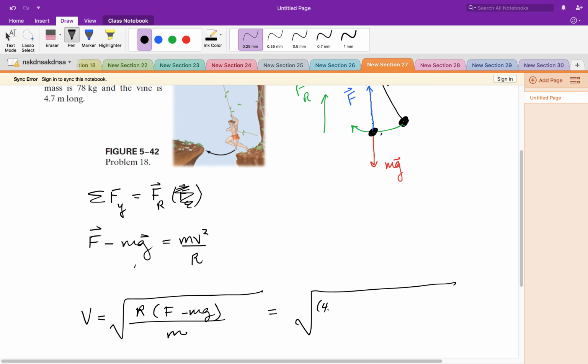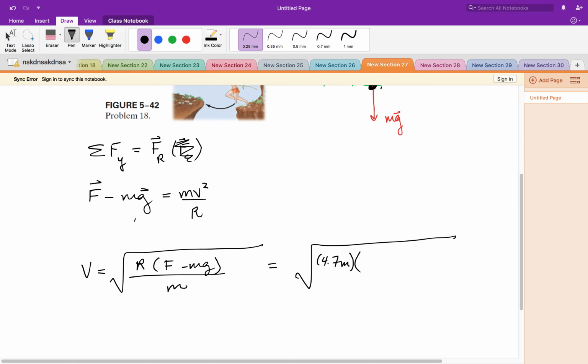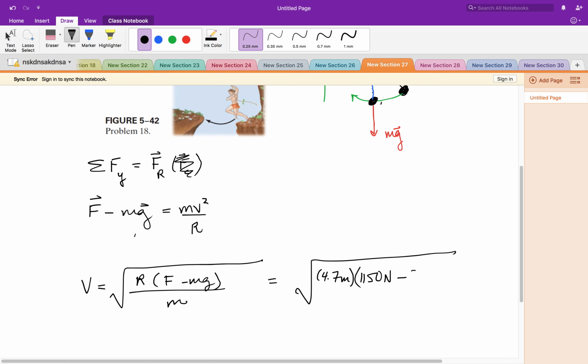R, the radius you're told, is 4.7 meters. The F is 1150 newtons, minus his mass, which is 78 kilograms, times 9.8 meters per second squared, close the parentheses, divided again by 78 kilograms.